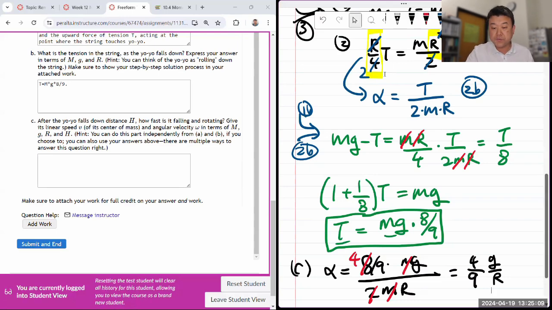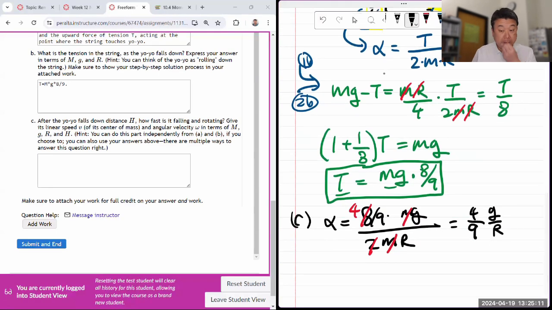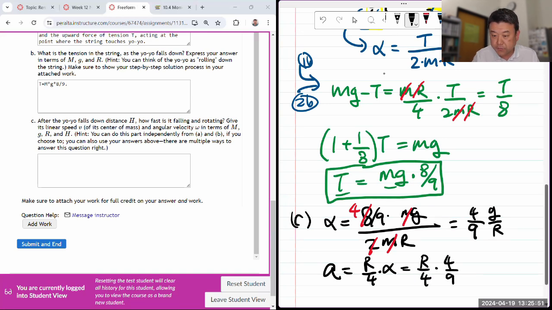With that being alpha, a is equal to the radius r over 4 times the angular acceleration. So r over 4 times angular acceleration 4/9 g over r. The 4's cancel, r's cancel, so I get the acceleration of g over 9.